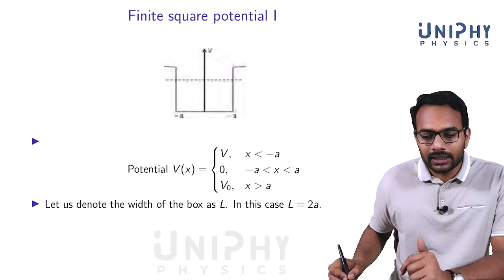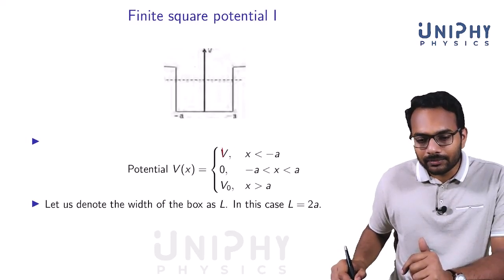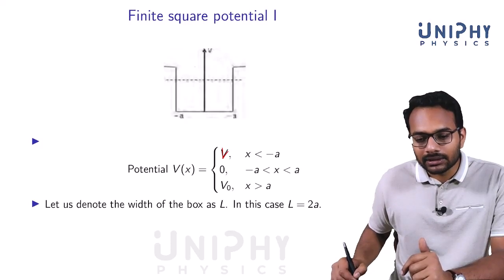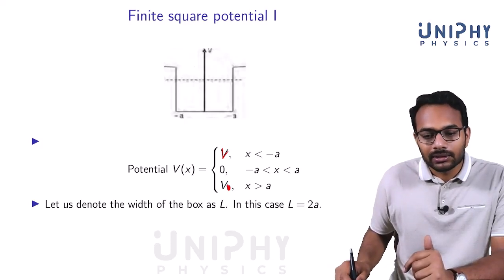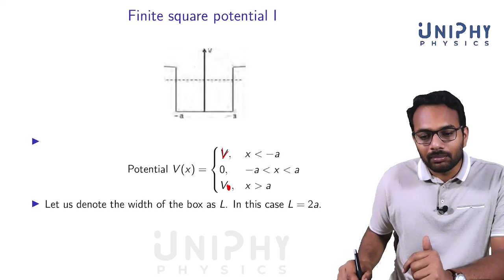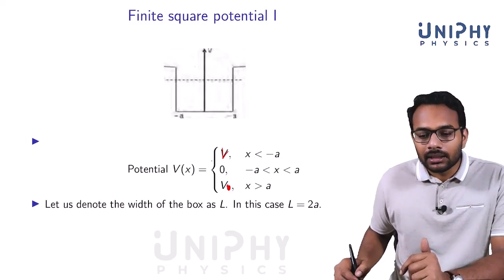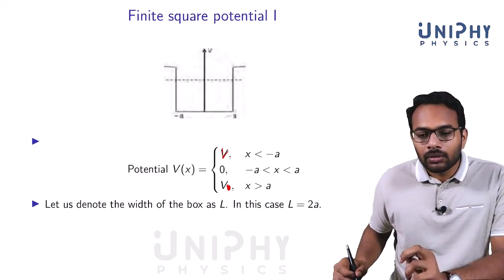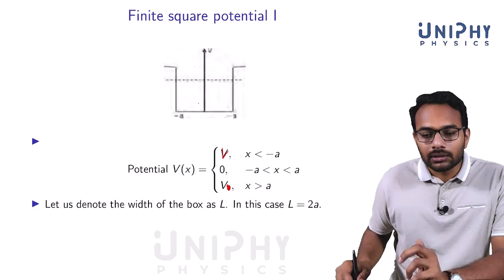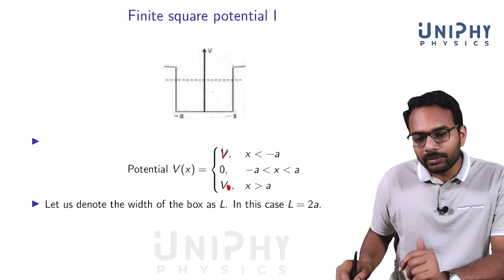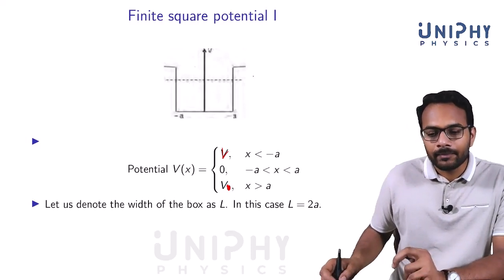Here we have the potential V. Sorry, it's 0 between minus a and plus a, and it's V elsewhere.